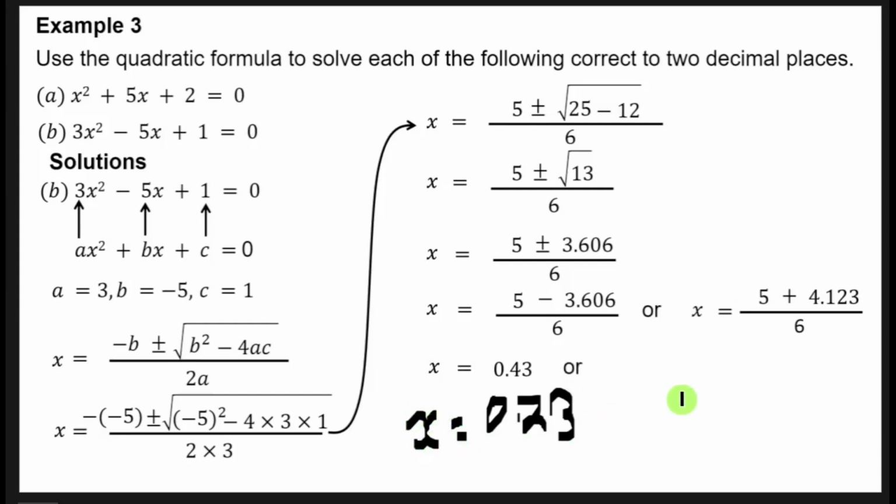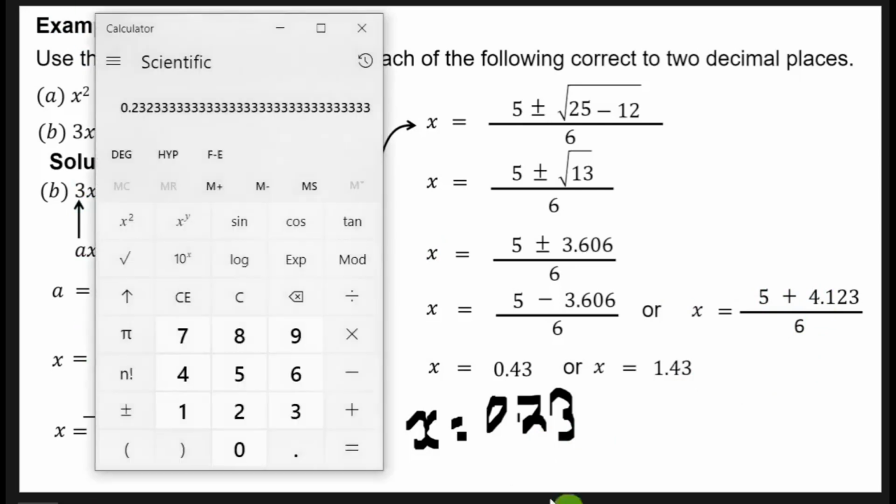Then 1.43. How? Because I might have made an error here as well. That's why proving using a calculator is good. So 5 plus this one, there's something wrong here. It's supposed to be this one here.